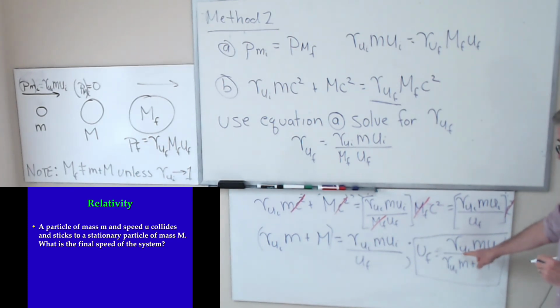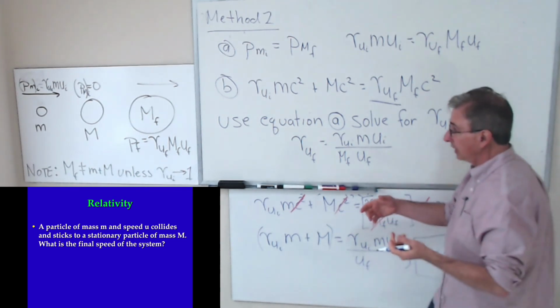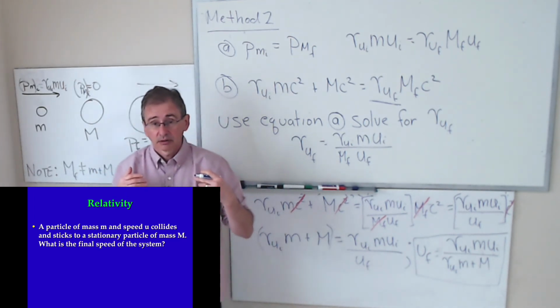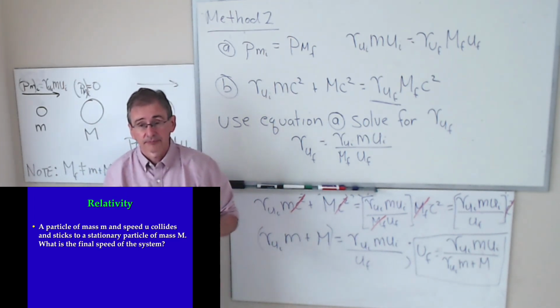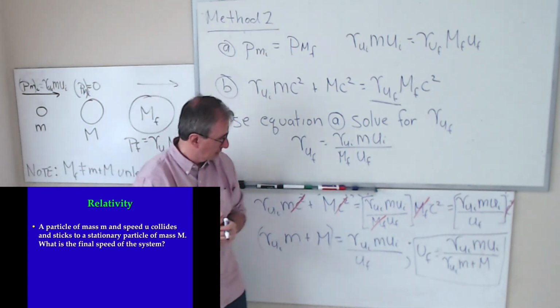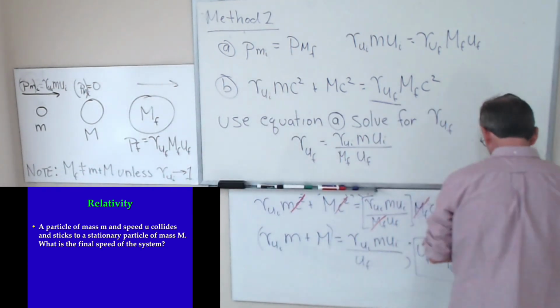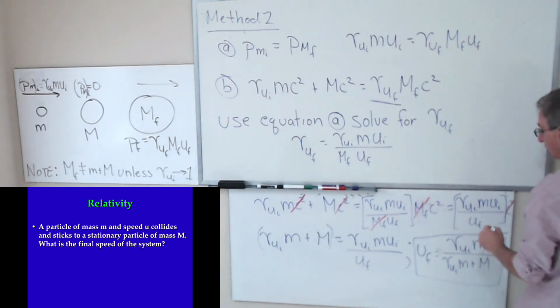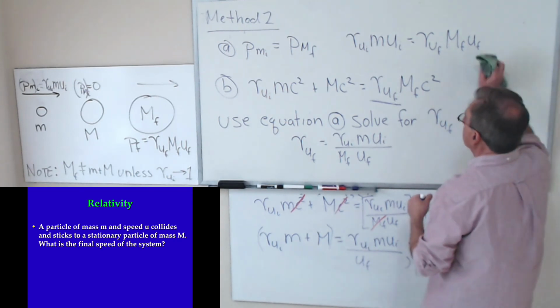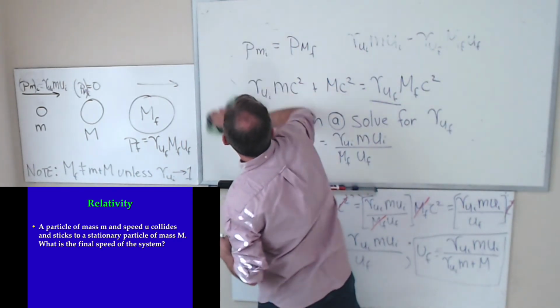Now, what happens if gamma goes towards 1? In other words, what if the speed of little m is small compared to the speed of light? Well, that would make these gammas 1. So let me erase the board here.